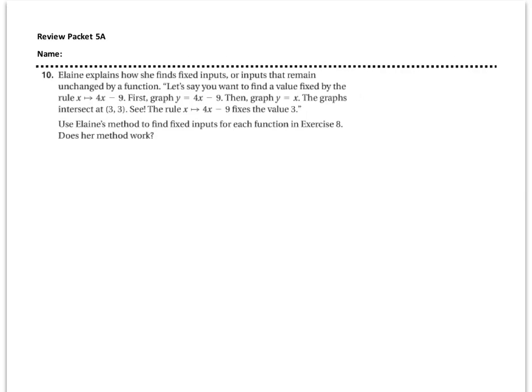And then it says the original rule fixes the value 3. Is that true? Well, that works for this one, but I'm not sure that will work for the other one. So it says that it fixes the value of 3, right? So just try that one and see if what she said is true.